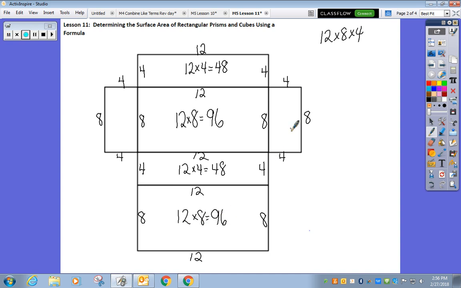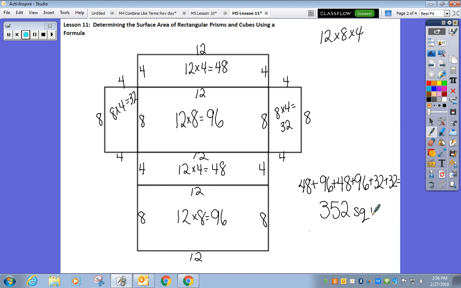On the sides, we have 8 times 4, which is 32. 8 times 4, which is 32. Okay, so we would be adding our 48 plus our 96 plus our 48 plus our 96 plus our 32 plus our 32 to get our surface area. In this case, when we add all of these together, we get 352 square units.